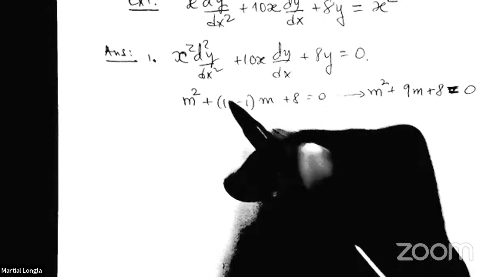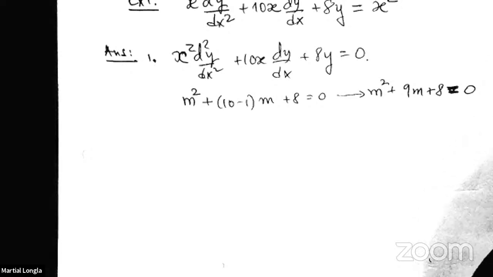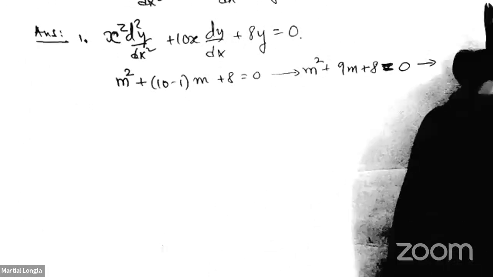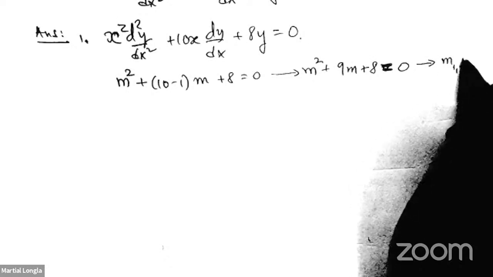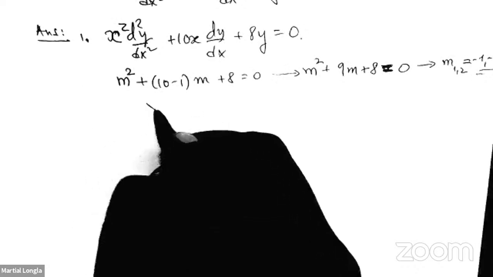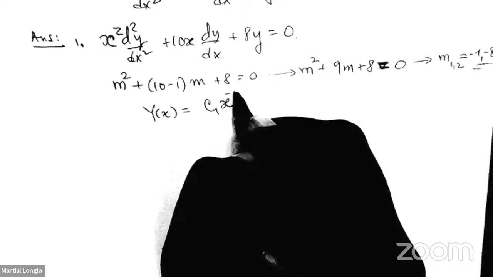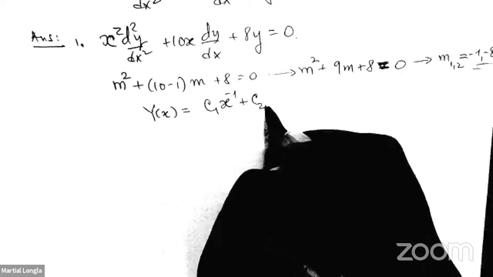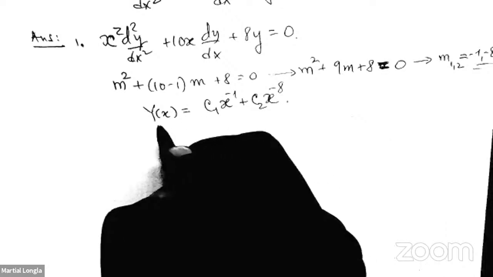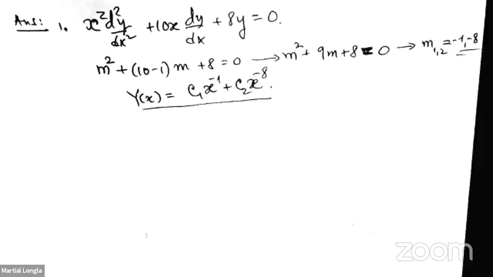Of course, you can use the quadratic formula to solve that, and you find minus 1 and minus 8. So m1, m2 are minus 1, minus 8. So capital Y of x equals C1 x to the minus 1 plus C2 x to the minus 8. That's the solution of the homogeneous problem.